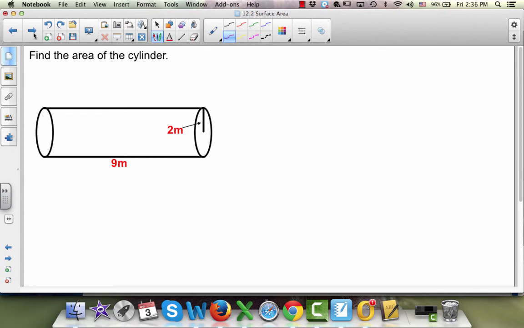Okay, find the area of the cylinder. You're going to do this one all on your own. Remember, step 1, find the area of the two circles. Step 2, find the circumference of one of the circles.